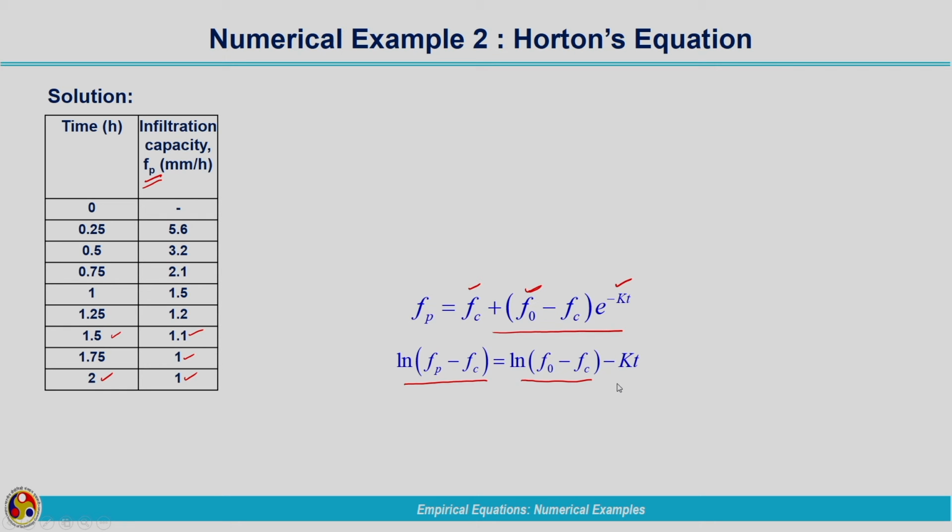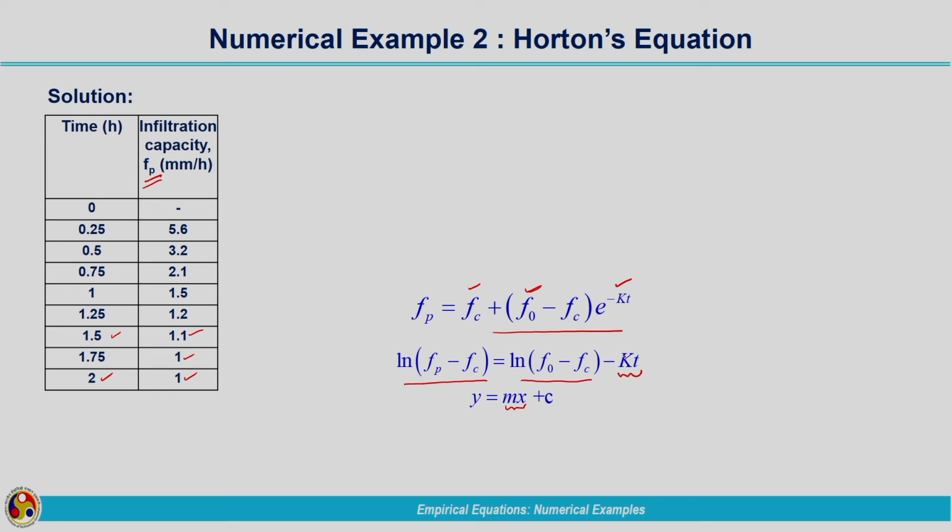So, this is in the form of y equals mx plus c again. Y is nothing but ln(Fp minus Fc) and mx is representing our minus kT. So, t is our variable and m is the slope.